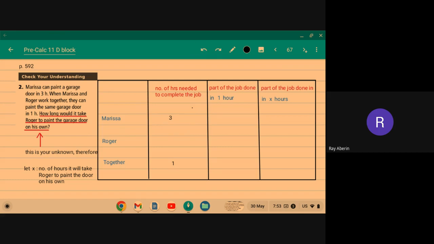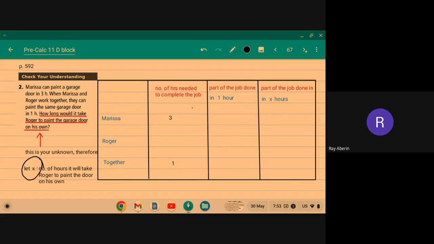For Roger, I left it blank. We'll get to that. But we also know that together, they will need only 1 hour to complete the job, because that's what it's saying here. Marissa and Roger working together can do the same job in 1 hour. How long will it take for Roger to do it himself?